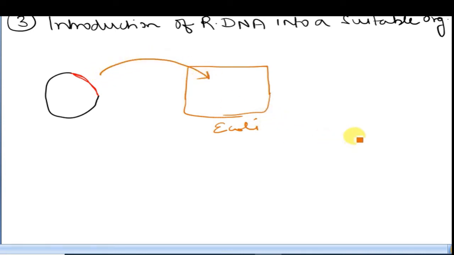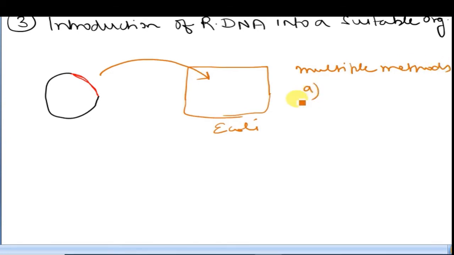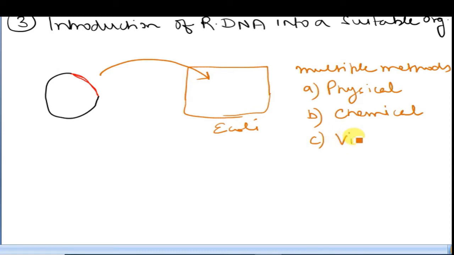So how would you transfer? That is also a thing that we should know about. There are multiple methods to transfer. Let us understand them. First one is the physical method. Second one is the chemical method. And finally there are virus mediated methods.